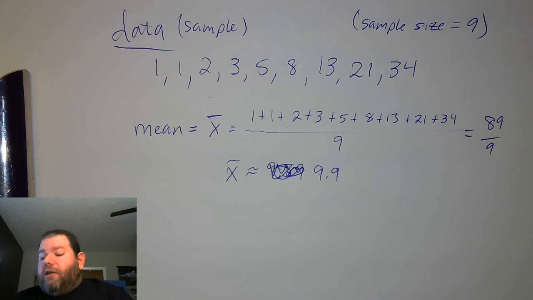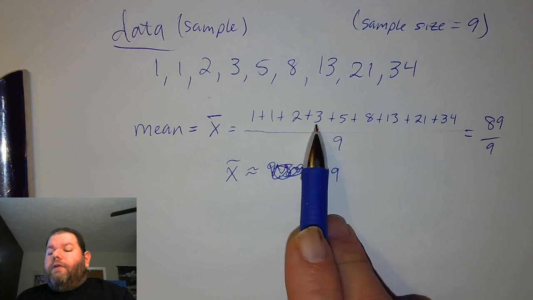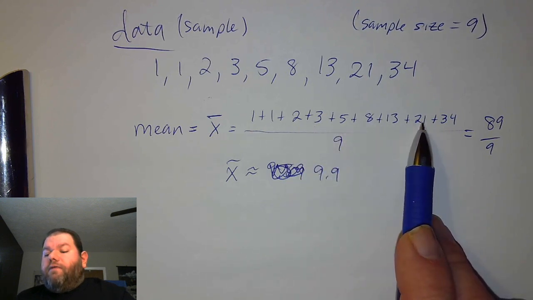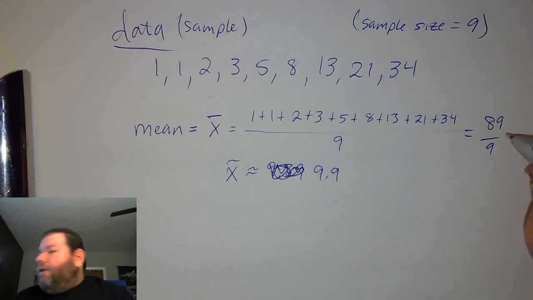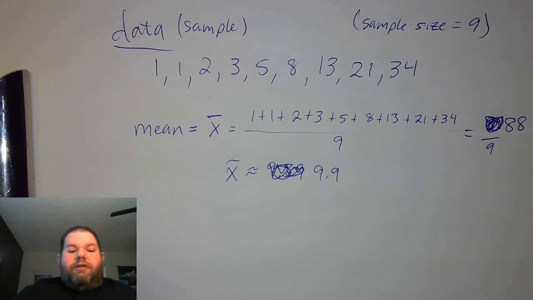Is it 88, not 89? 4, 7, 12, 20, 33, 54. You're right, 88.